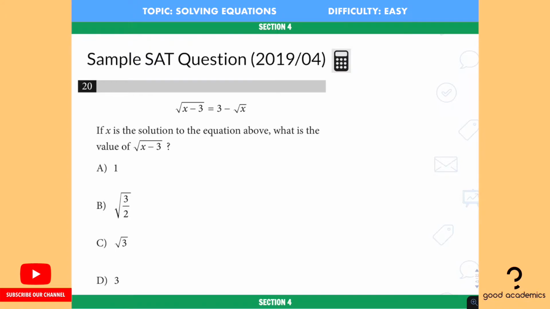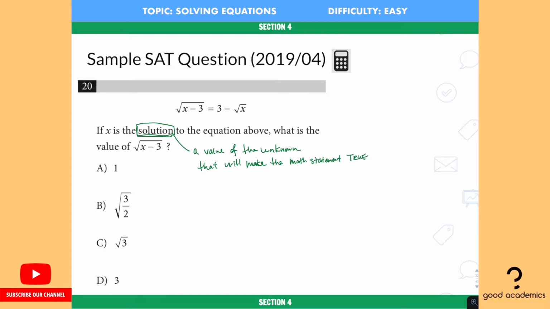Now the key word that I would like to emphasize first is the word solution. You may know kind of what to do, but I really want to make sure that you know the meaning. Solution means that there is a value of the unknown that will make the mathematical statement true.